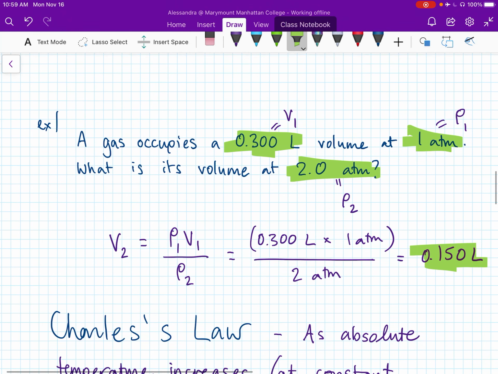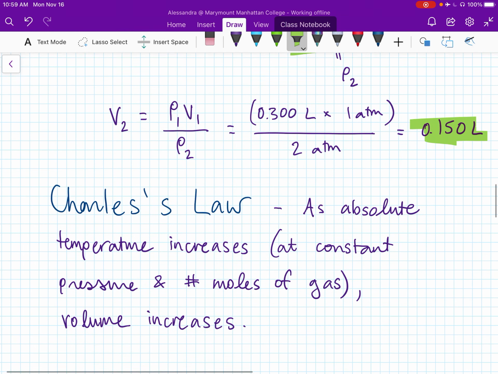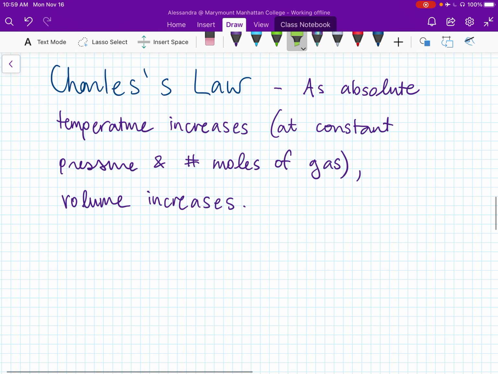Okay, we can talk about a similar mathematical law relating temperature and volume. So this is Charles's law, which states that as the absolute temperature increases, assuming constant pressure and number of moles of the gas, the volume that it occupies will increase.